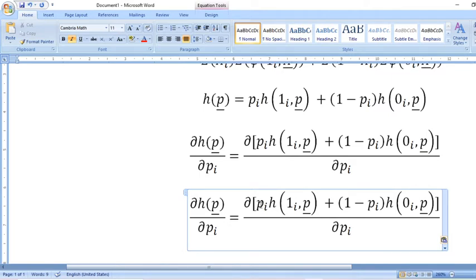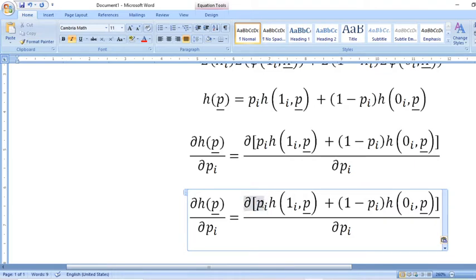The derivative of the first function will be just h of 1i comma p.